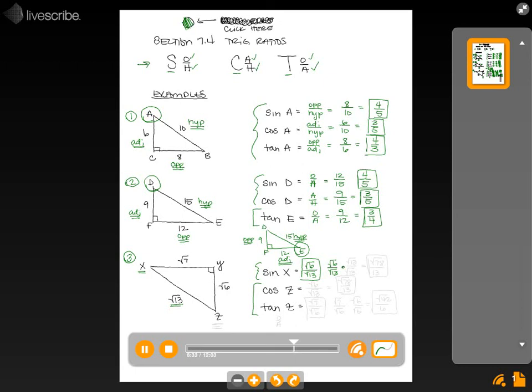Okay, so we're going to go ahead and multiply by the square root of 13 over the square root of 13. That's going to get rid of the radical in the denominator. Root 13 times root 13 is going to be the regular old 13. And then in the numerator, we have 6 times 13, which is 78. Okay? Now, I know 78 is not going to break down.